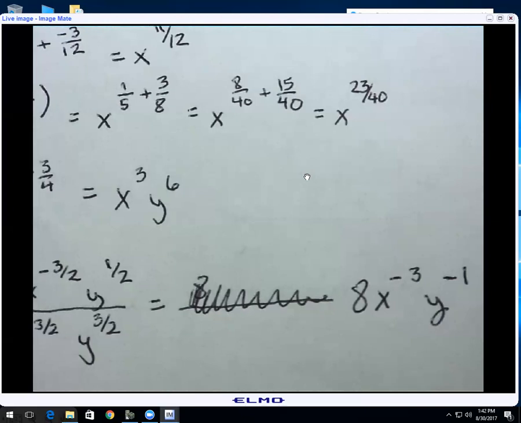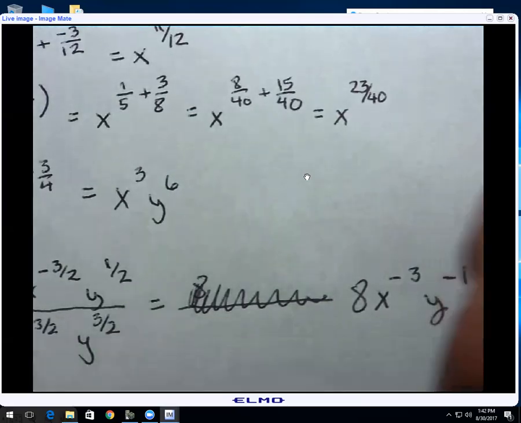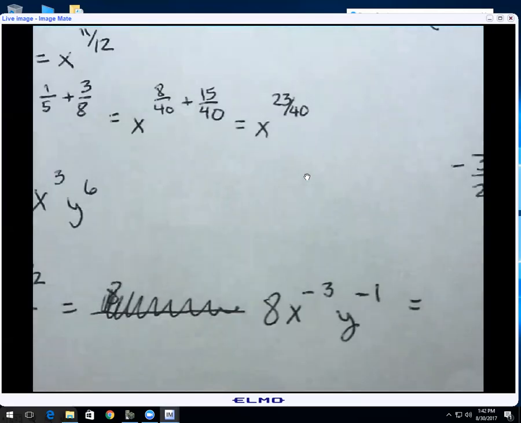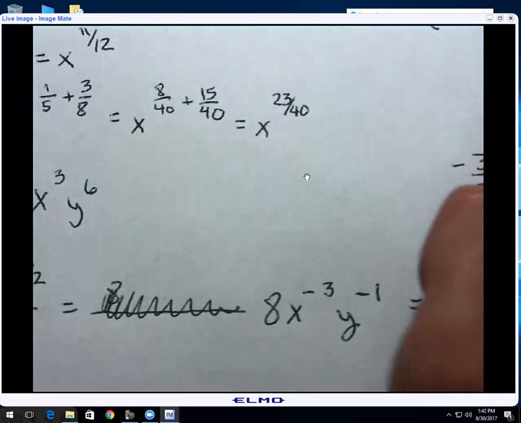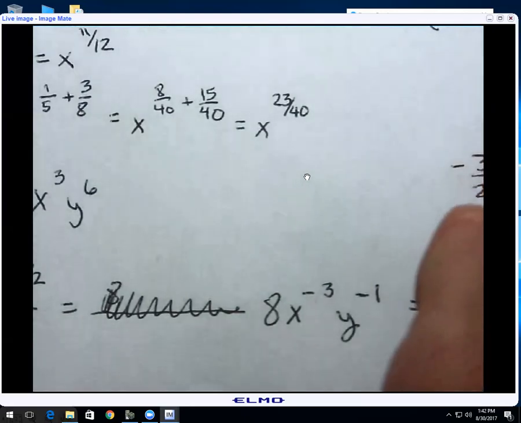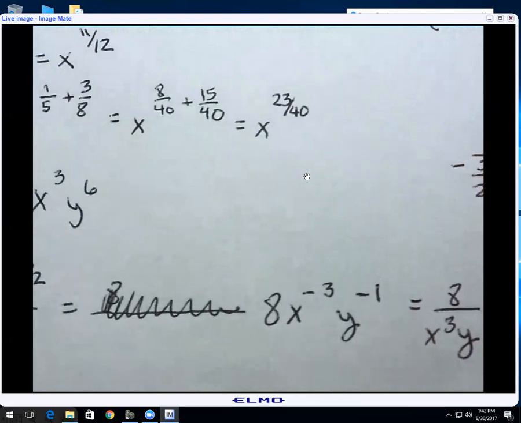We don't leave negative exponents unless we have a number so tiny we're putting it in scientific notation. That's the only time we leave negative exponents. We don't need scientific notation. So how do you write that with positive exponents only? 8 over x to the 3rd power y. Beautiful.